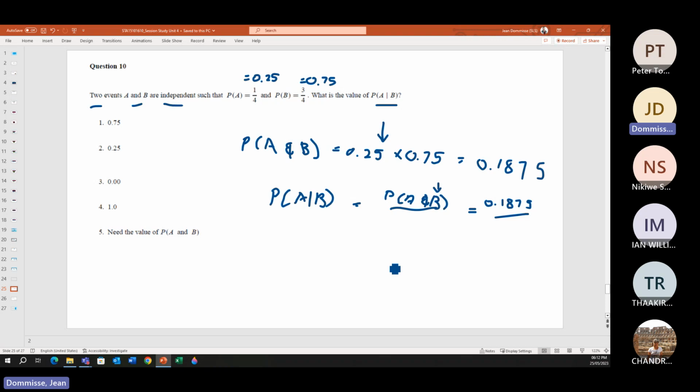So the probability of B, which is 0.75, which will then give us 0.25, which is actually the probability of A. Okay, so when something is independent, and you need to work out the given, your answer is basically the other probability.